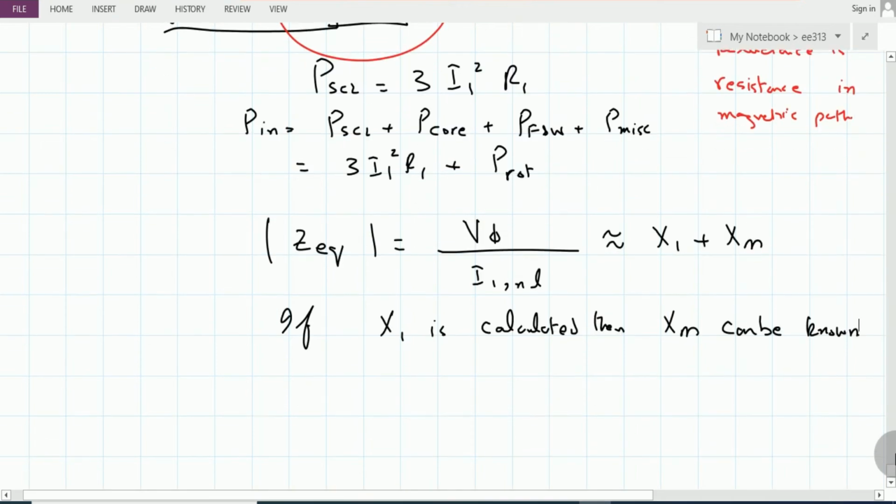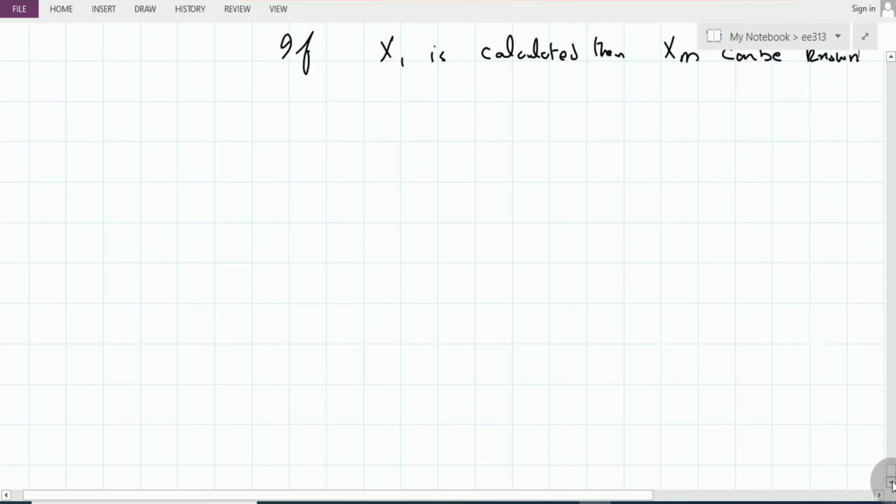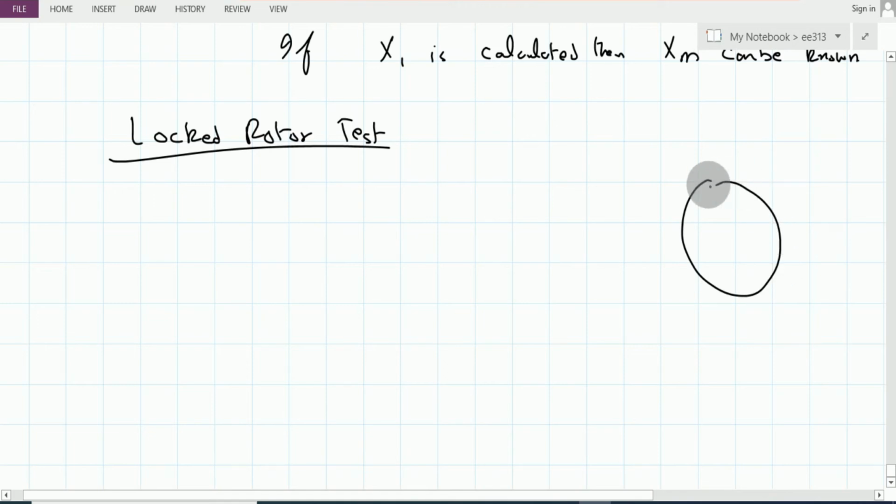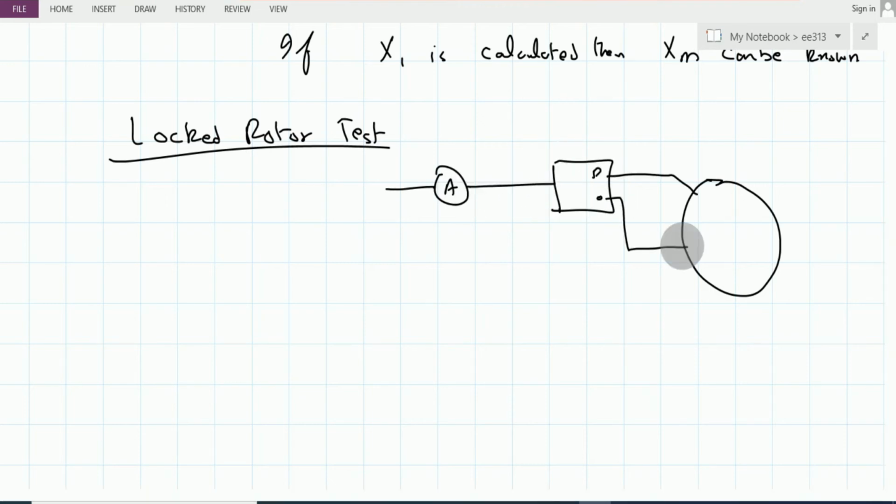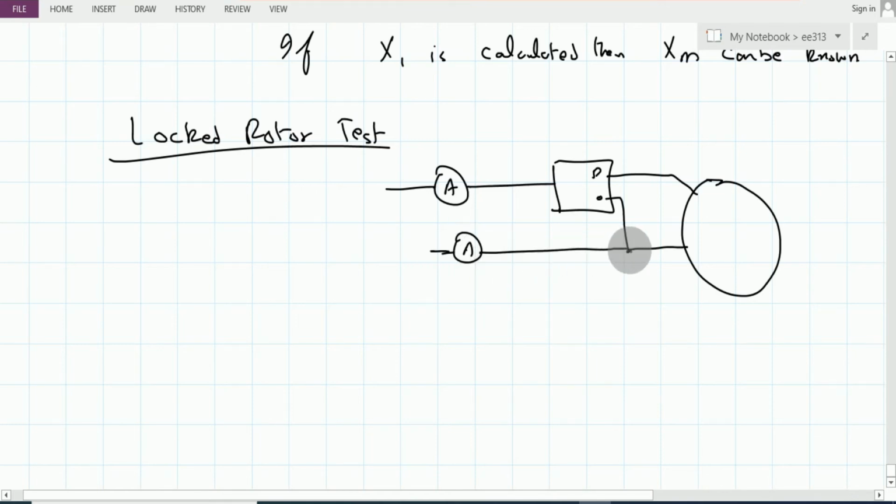The second test in this regard is the locked rotor test. In the locked rotor test, we again have a similar type of arrangement. For example, we have the current here. This is P. Here we have another ammeter for this phase and another ammeter for this particular phase.